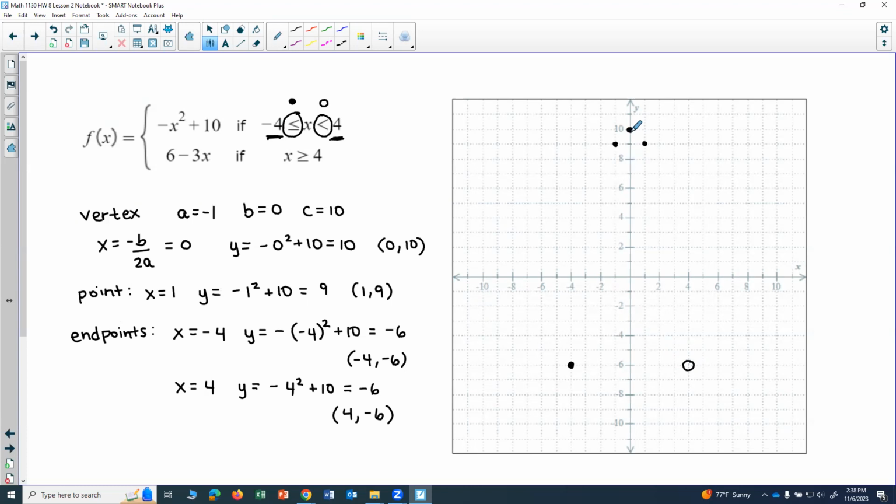And I have a parabola, so I'll do my best to just sketch that in and make it end up in the right spot. Okay, so here we are.